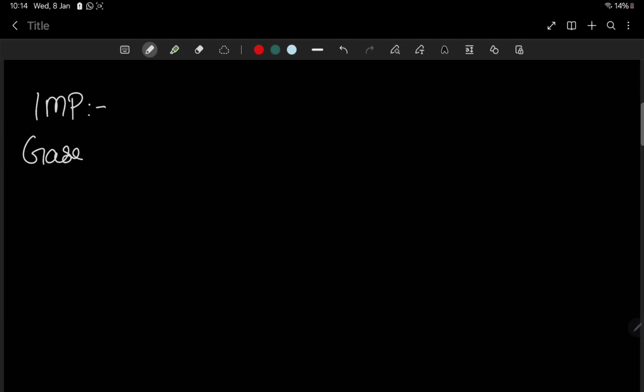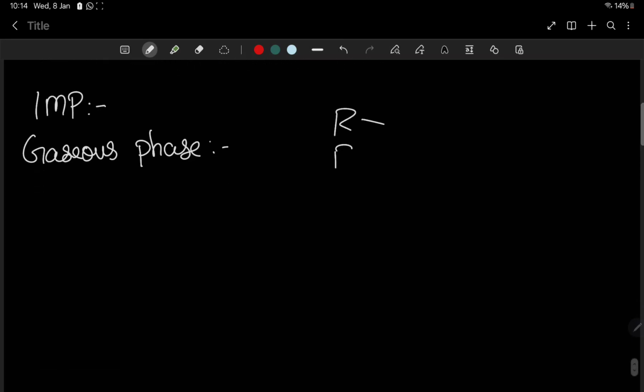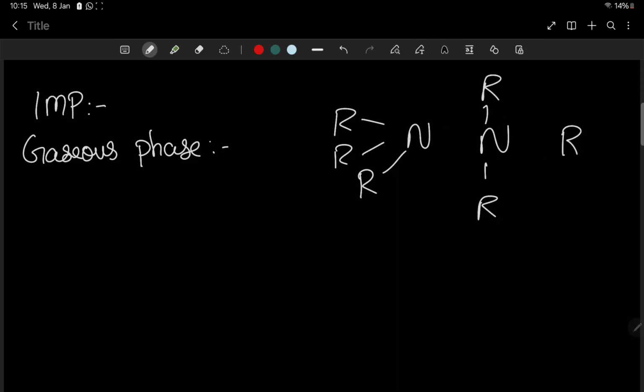In the gaseous phase, when the compound is a gas, you know that three alkyl groups means tertiary amine, this one is secondary amine, and this one is primary amine. Among these, which is most basic? Yes, this is most basic. Why? More +I effect. This is second most basic.